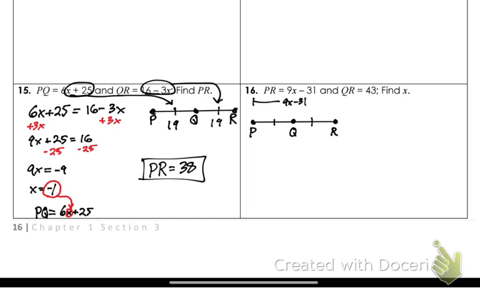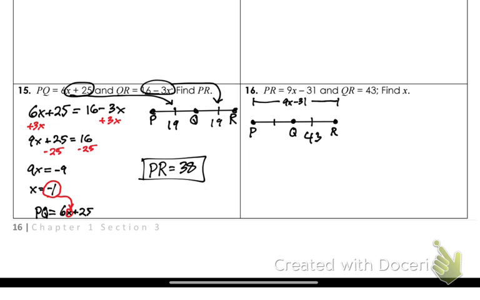That's the entire length. Also, 43 plus 43 is equal to 9x minus 31. Yes. So we go to QR, and QR equals 43. But we should not have written 9x minus 31 equals 43, because that doesn't make sense. The whole length doesn't equal half the length.